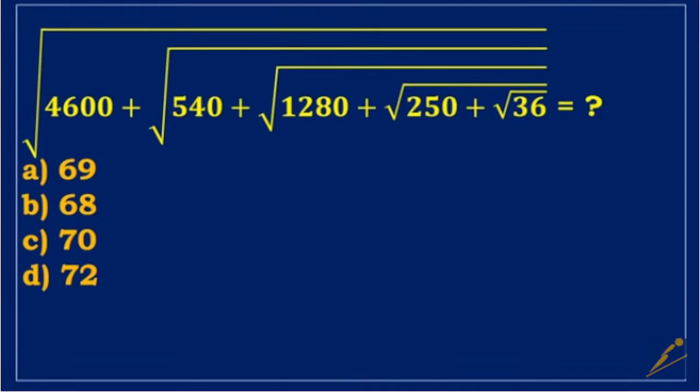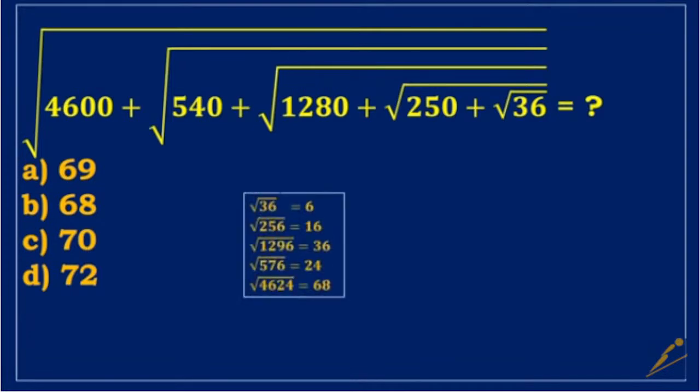The solution to the square root of 36 is 6. Then it is added to 250, and the value becomes 256. The square root of 256 is 16. Then it is added to 1280, and the value becomes 1296. The square root of 1296 is 36.